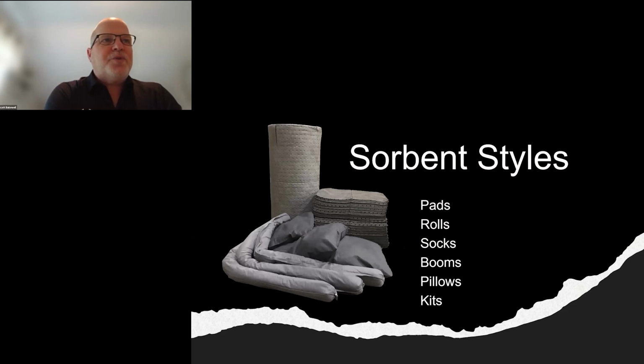Folks, when we talk about sorbents and absorbents, the different styles or categories, it breaks down really to six. There's pads, rolls, socks, boom, pillows, and kits, right? And in each category, there's several variations, especially with pads and rolls, because we have everything that I just mentioned in different sizes and weights.